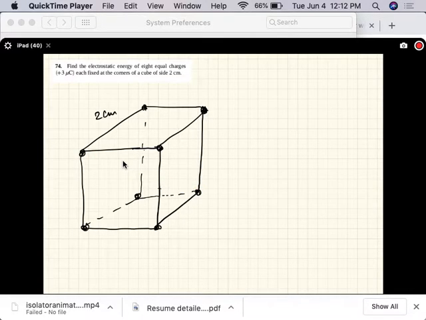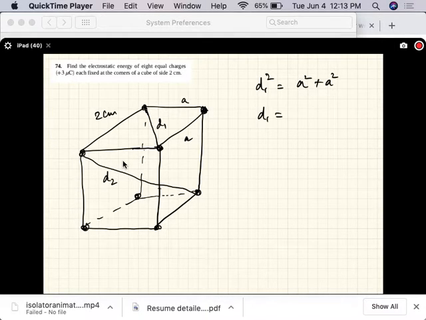Okay, so this is A. Let's calculate this diagonal distance. What is that distance going to be? We'll call it D1, and we'll call this diagonal distance D2. D1 square is equal to A square plus A square.